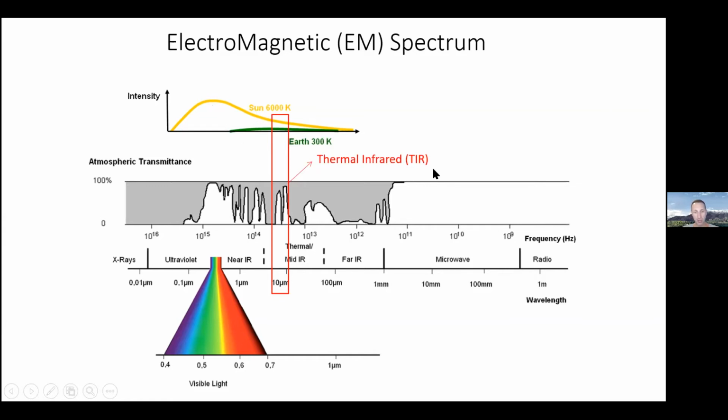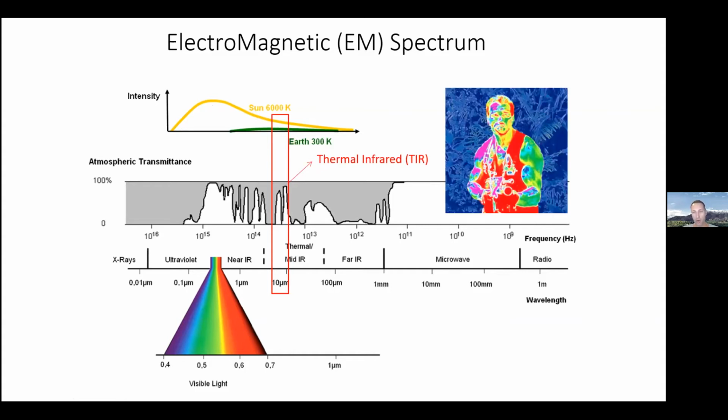And so it's this thermal infrared that's the focus of us being able to calculate the land surface temperature of the Earth. And it's basically radiation that we can feel, right? If you put your hand above a stove, for example, you can feel the heat and radiation. Or as I like to say, if you have predator thermal radiation eyes, obviously you can see thermal radiation.